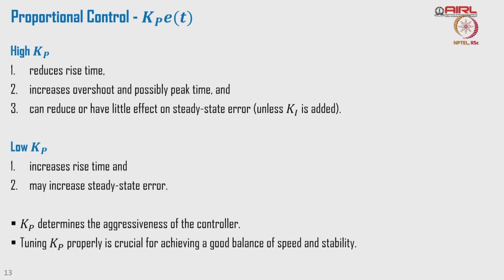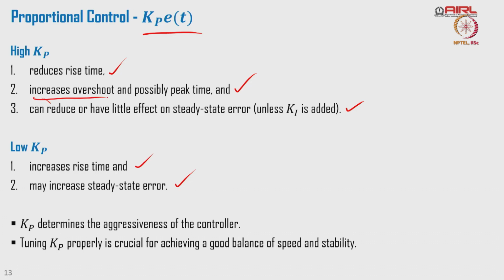Okay. So, proportional control reduces rise time, increases overshoot and possibly the peak time, can reduce steady state error a little bit, but with little effect. Low Kp increases rise time and may increase steady state error, which is a problem, but high Kp can also increase the overshoot.